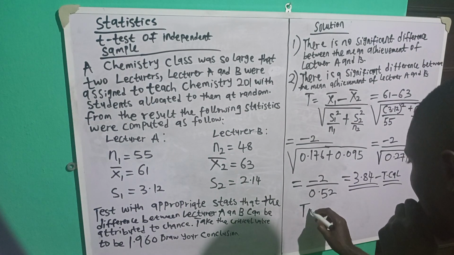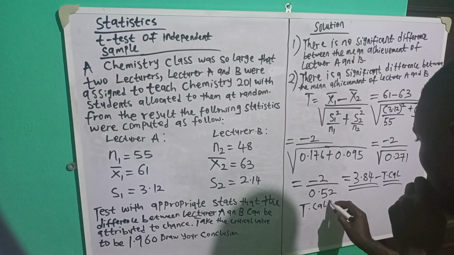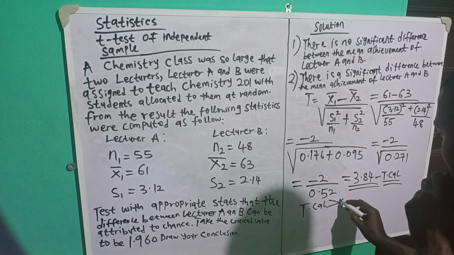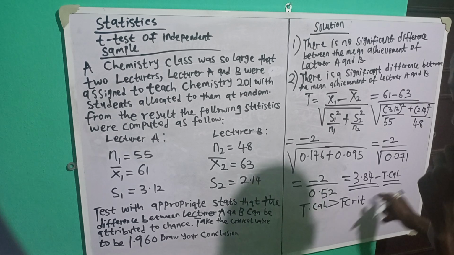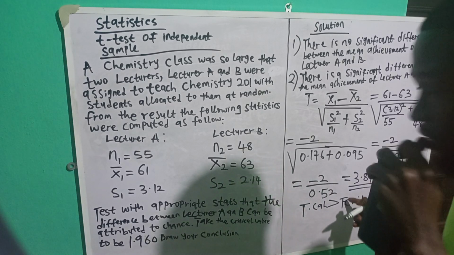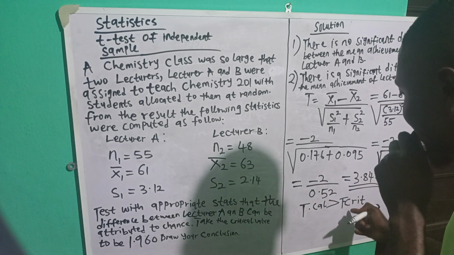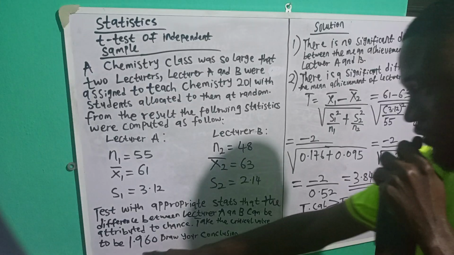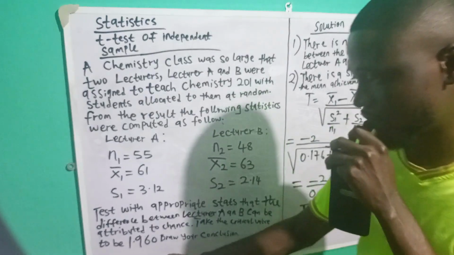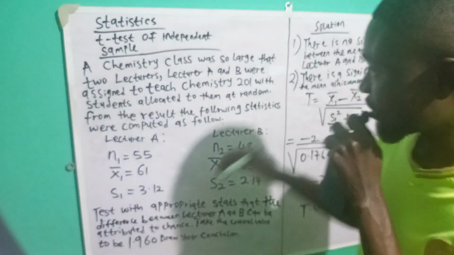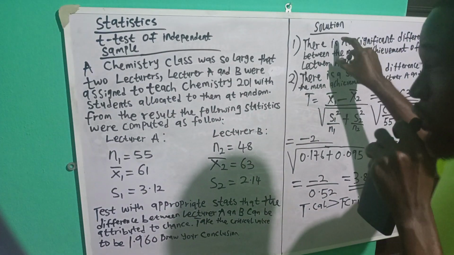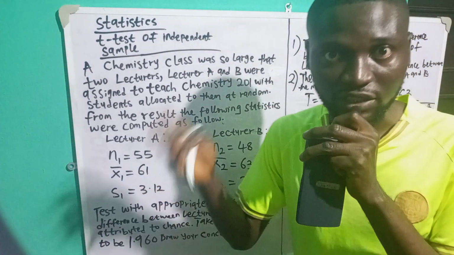So the t calculated is greater than the t critical. The calculated value we got, 3.84, is greater than the critical value, which is 1.960. So we are going to reject the null hypothesis and uphold the alternative hypothesis.